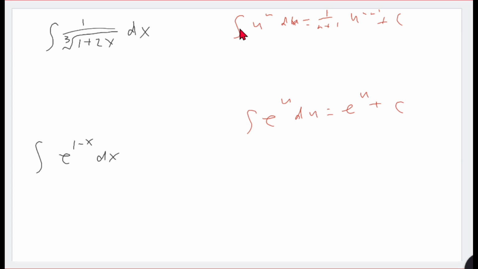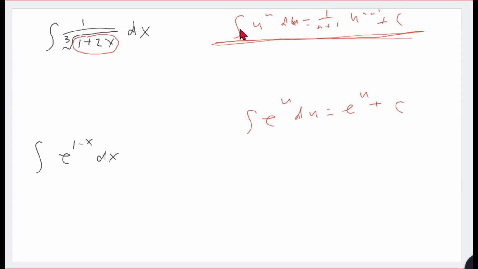We don't have a formula for a power of 1 plus 2x. But if we think of this as u, then the denominator becomes the 1/3 power of u, or moving it up, negative 1/3 power of u. Then that shows we're going to eventually apply this formula.